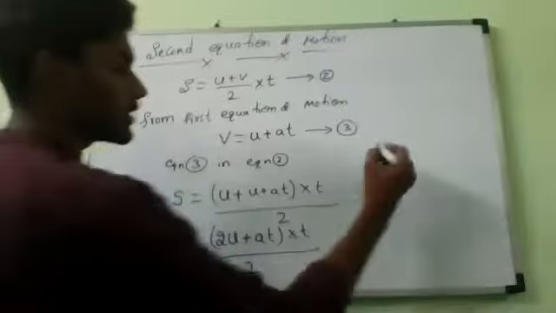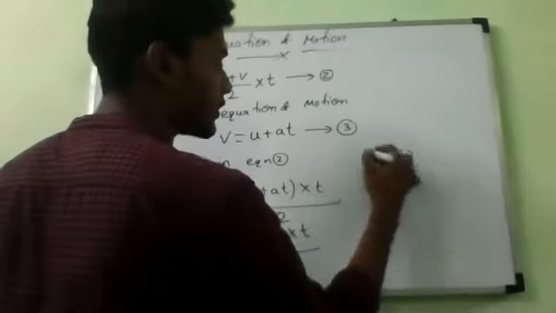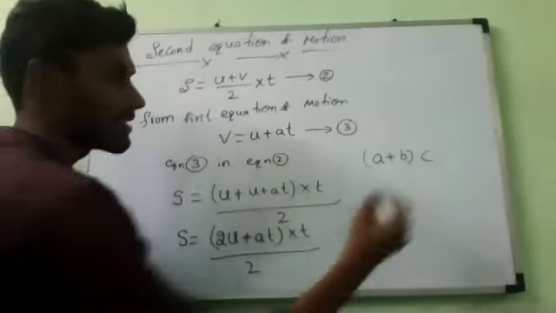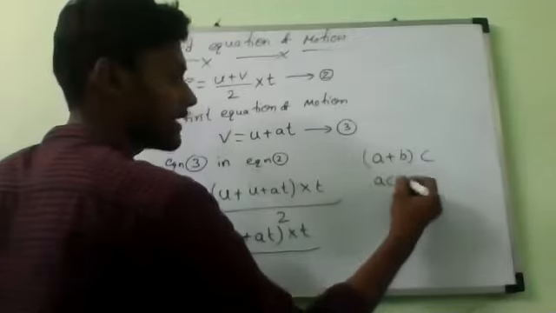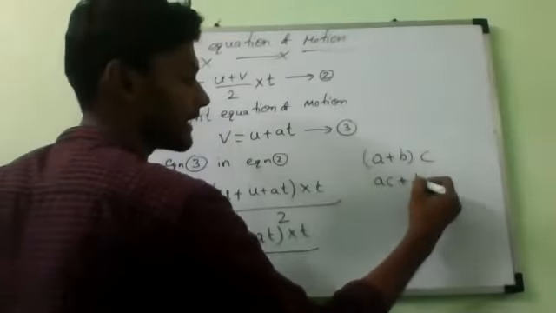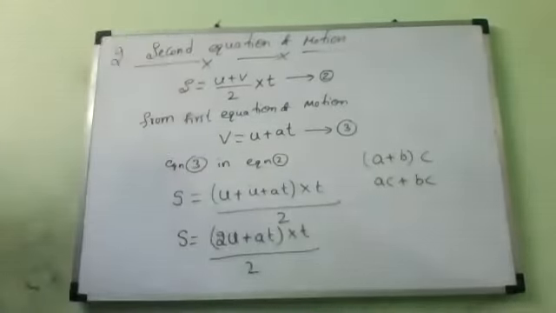Yes, sir. Now observe very carefully. In mathematics, A plus B into C, how do we multiply? A into C, AC, plus B into C, BC. Like this you will multiply. Is it yes or not?